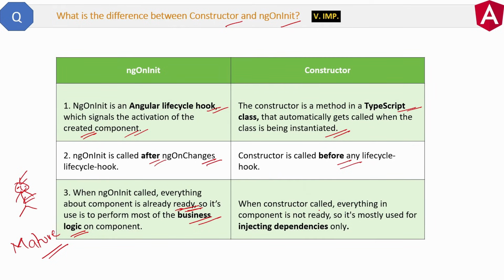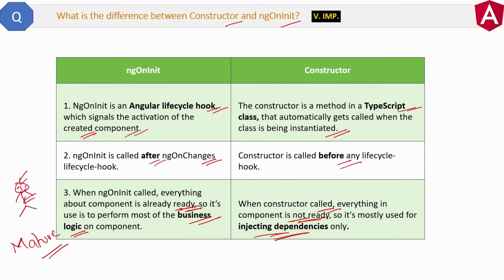Similarly, when the constructor is called, when the application starts, everything in the component is not ready. The component is still in the development phase, still not created or not developed. So at that point, mostly we use it just for injecting the dependencies.